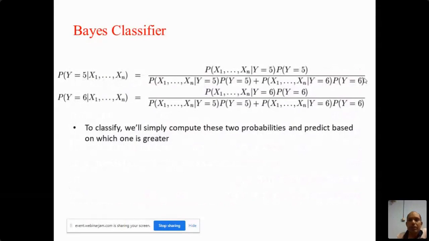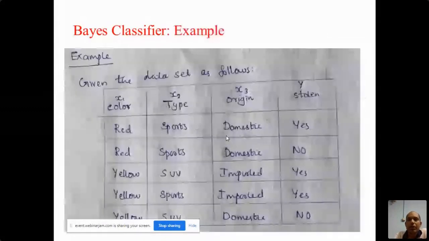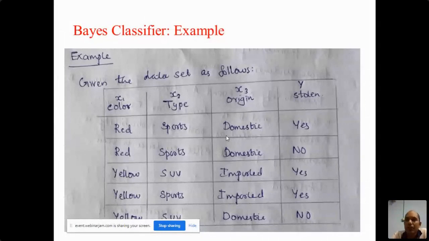So let us discuss through the example, where we have to identify whether a particular car is stolen or not. You have the training data set, with 5 instances. We have 3 features: the first feature is the color, another is the type, and the third feature is origin.